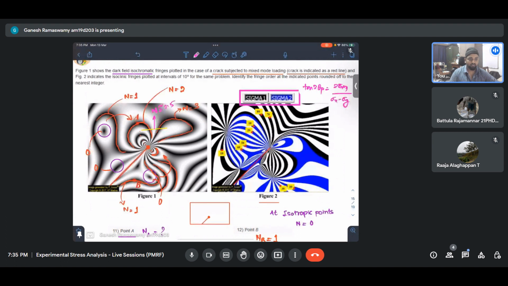Inverse trigonometric functions are essentially multi-valued. So these can also hold if your sigma 1 principal plane direction is 45, or it is 45 plus pi. In both the cases, tan inverse would give you the same answer.